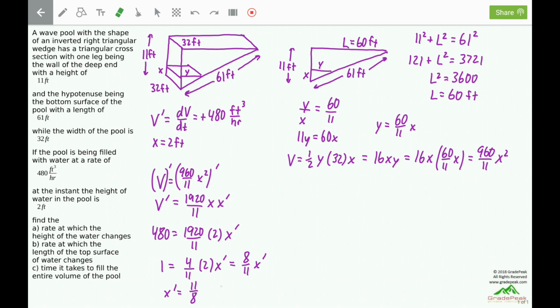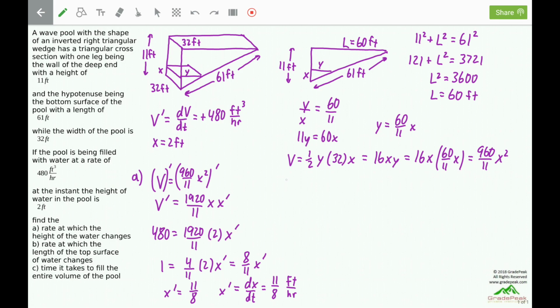So x prime, which is equal to dx dt, will be 11 over 8 units of x, length, feet, over time, hours. There's part A figured out.